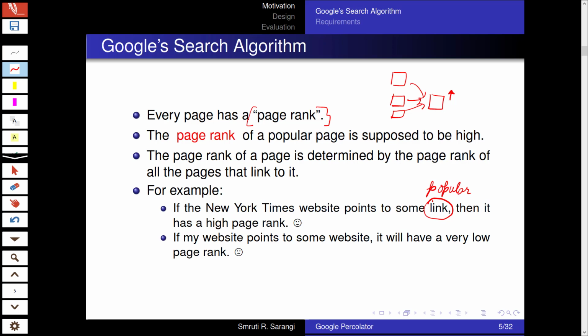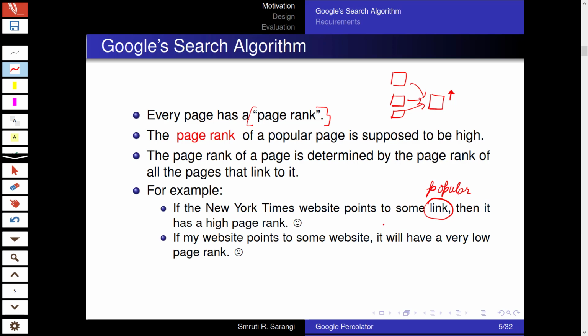Now this video is being recorded from IIT Delhi. I'm Professor Sarangi here. So if my website, which is my official IIT Delhi website, points to some other website, since I'm not a very important person, my page rank is low, so I'll contribute very little to the page rank of the other page.